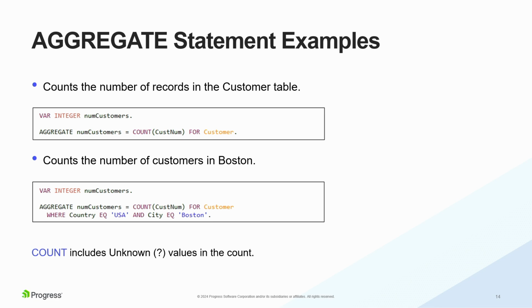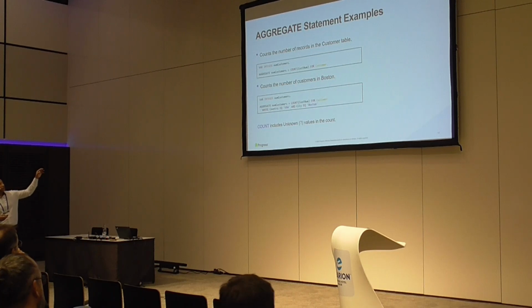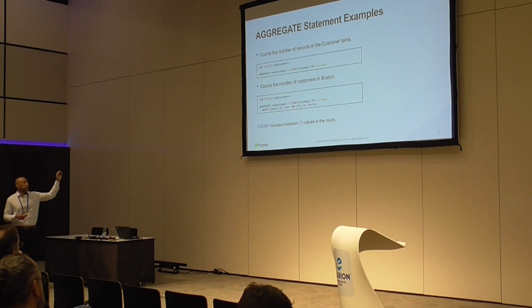Second example, more of the same, except this time we're counting the number of customers in Boston. So we're satisfying a where clause where the country equals USA and the city equals Boston. And just a quick note that the count also includes unknown values in your count.